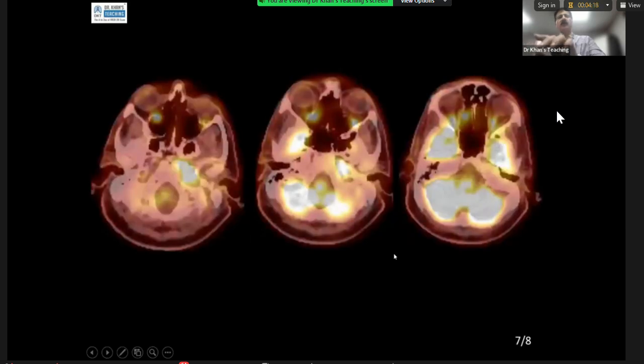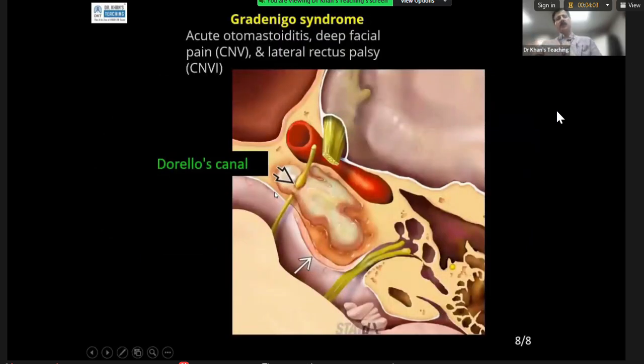Some other tests were done, and there were some doubts. Just to make a point, nobody is going to show you a PET for this, but this was on fire on the PET scan. You dealt with it very well.